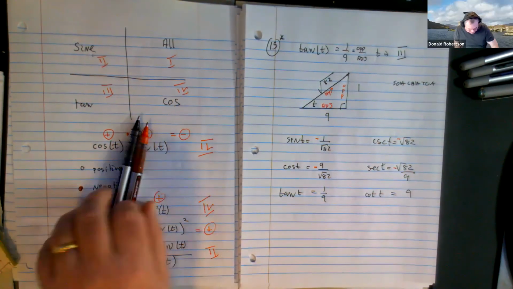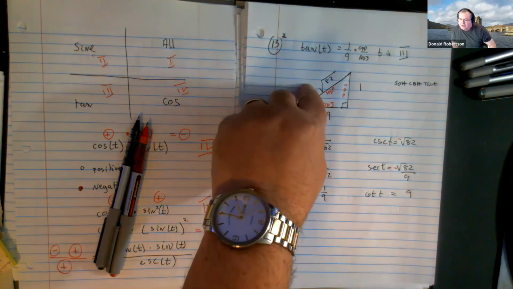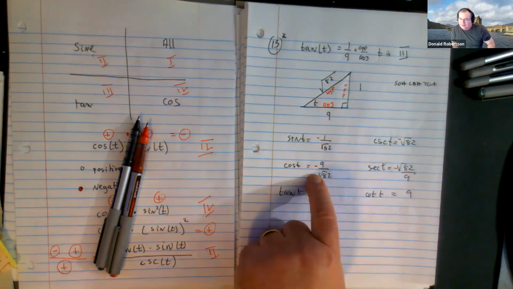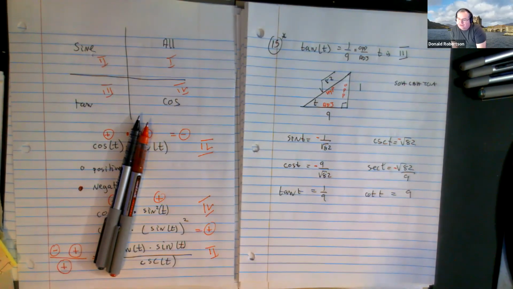So can you see that SOHCAHTOA works, but you have to incorporate the quadrant that the angle T is in? I kind of like that way a little bit better than the other. That's fine. Are we cool with that?